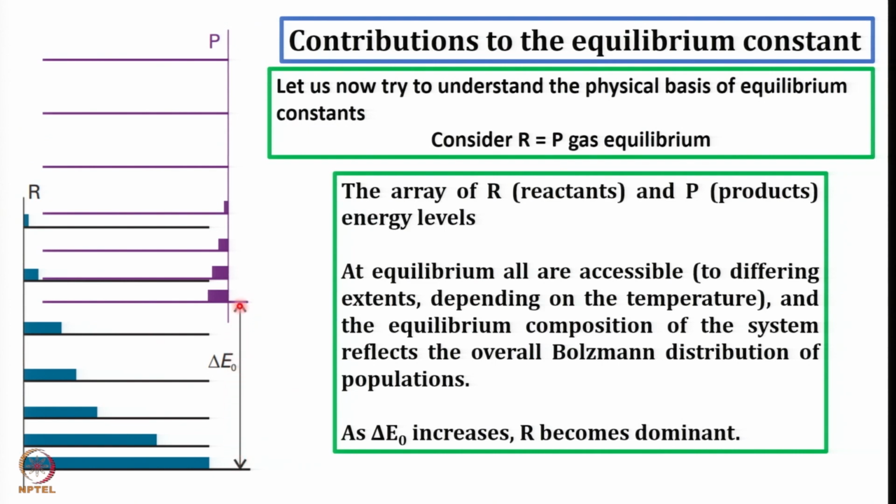Obviously, as seen in this figure, if delta E naught increases, the population of R becomes dominant, because the population in product is going to be less, and therefore R, the reactant, becomes dominant under equilibrium conditions.